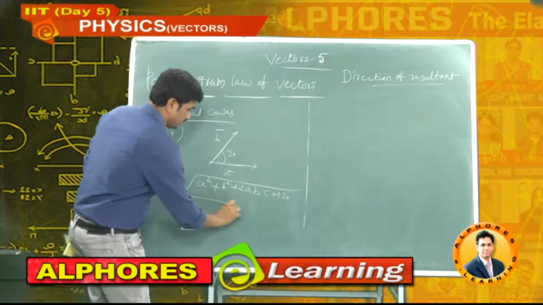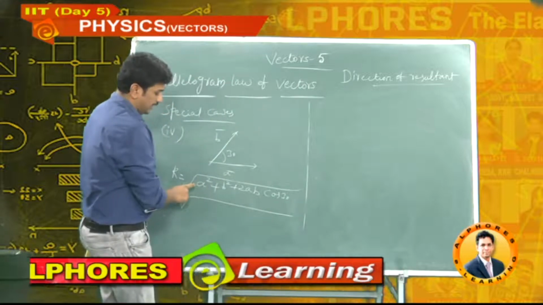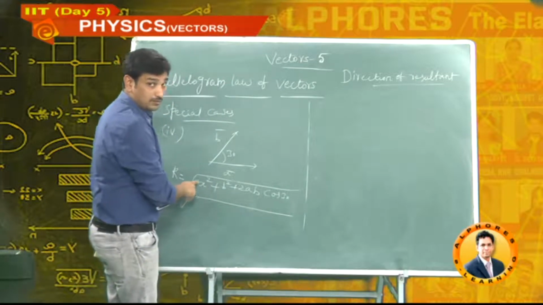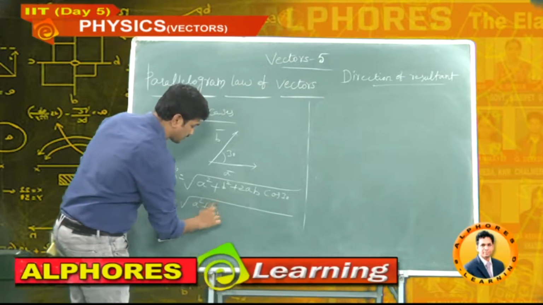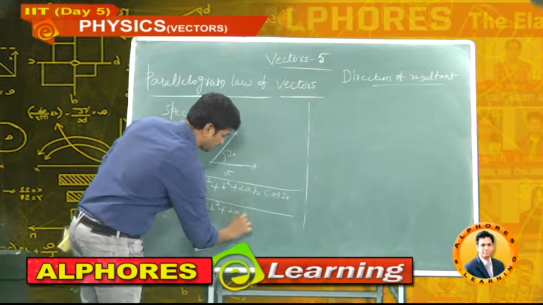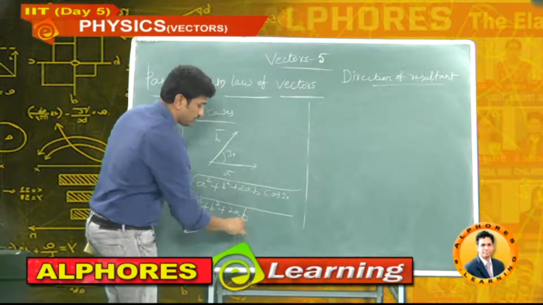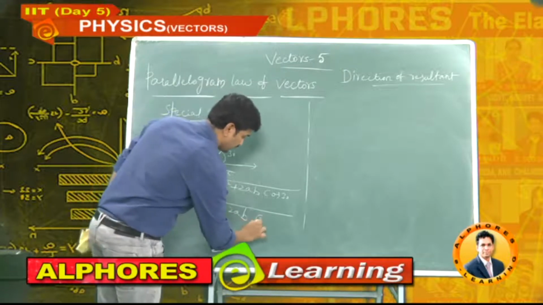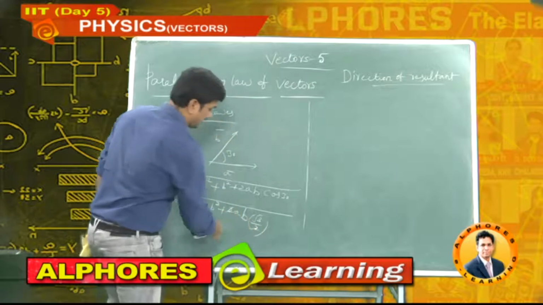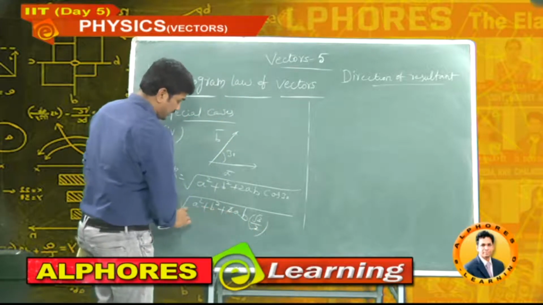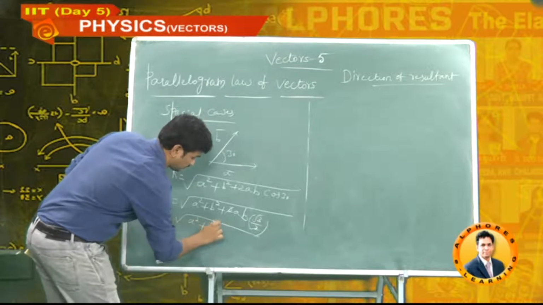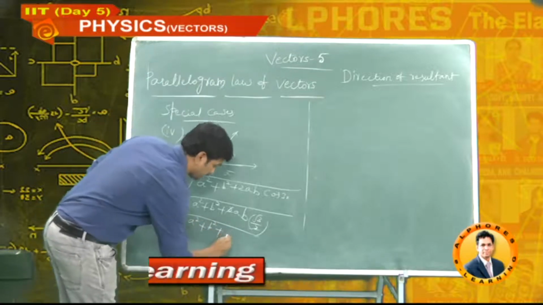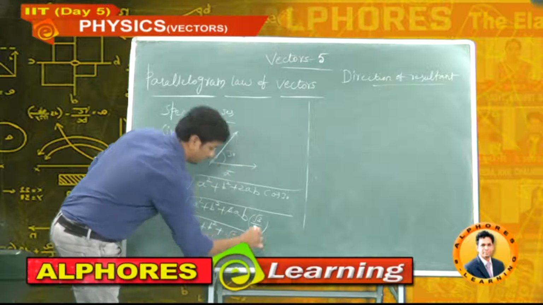Now, how many times am I using this formula? That's only for practicing. A square plus B square plus 2AB cos 30, value root 3 by 2, 2 cancels. Now, what is the answer here? Root over A square plus B square plus root 3AB.